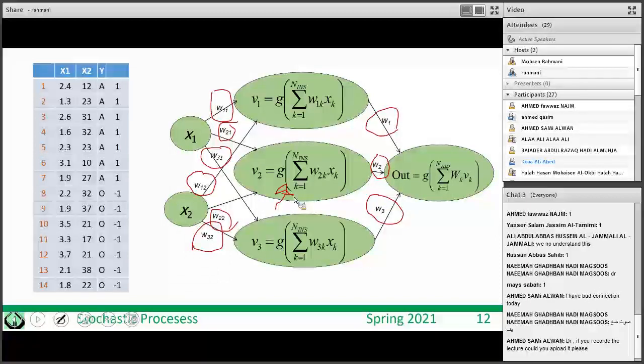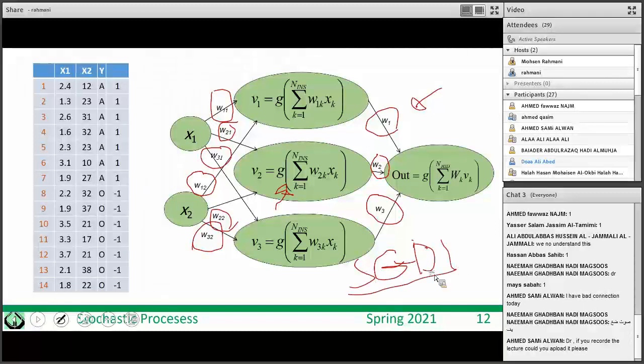But the fundamental of the problem is the same. Here also we will calculate weights by a formula similar to SGD.